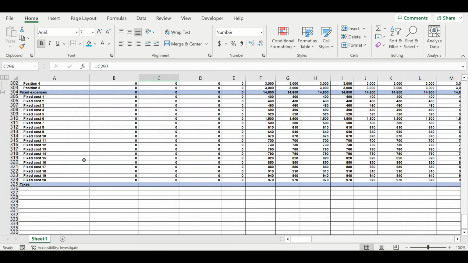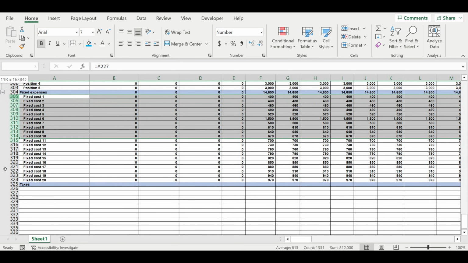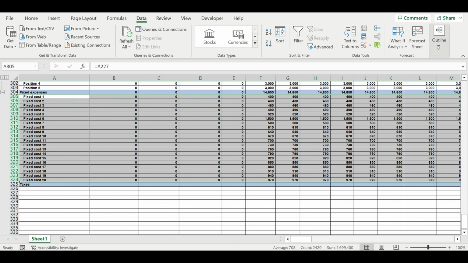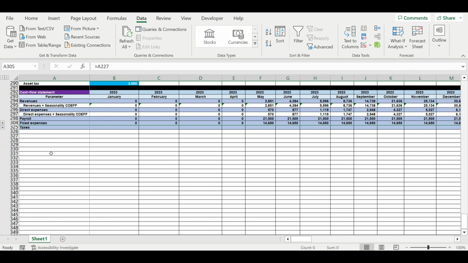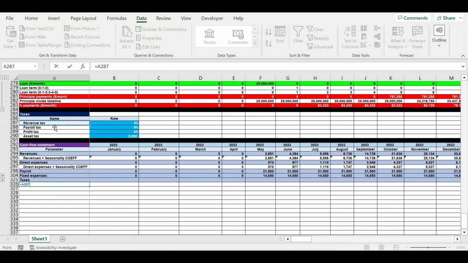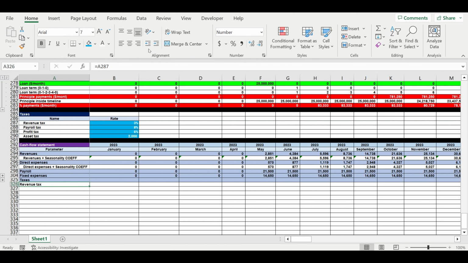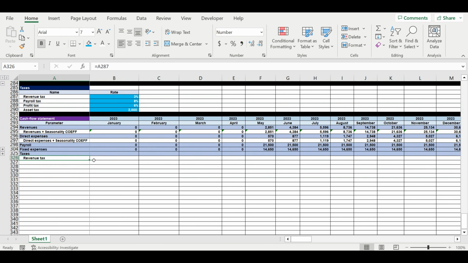Then let's group the data here. So here we will place the name of taxes. So first of all we calculate the revenue tax.